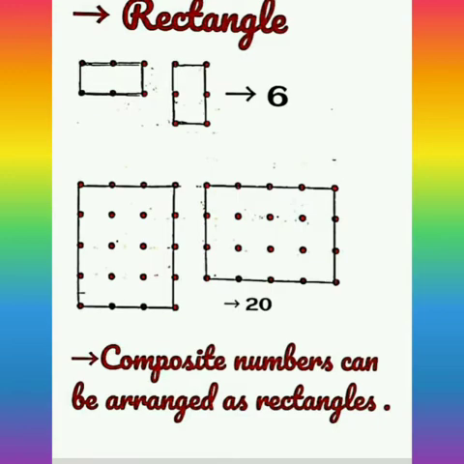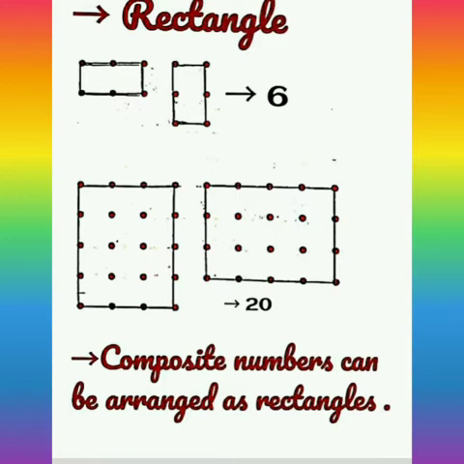Coming to 5, it can be written as 5 into 1 or 1 into 5. 11, it can be written as 11 into 1 or 1 into 11. So if we join the dots, we will get a vertical or horizontal line only. We cannot form rectangles with prime numbers, remember it.